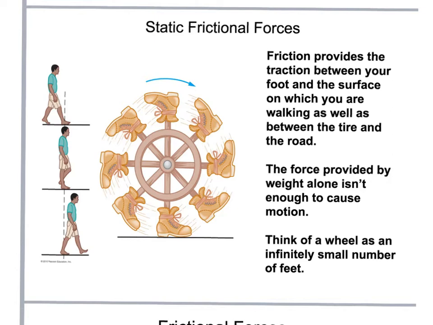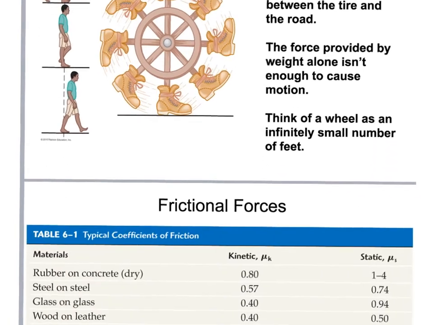That's pretty obvious if you're standing on ice. You stand on ice with your bare feet or with shoes on, and you could still fall. So it's not enough to anchor you to the ground. Static friction is what's necessary to be able to walk on the ice or on the road or whatever surface you're on.